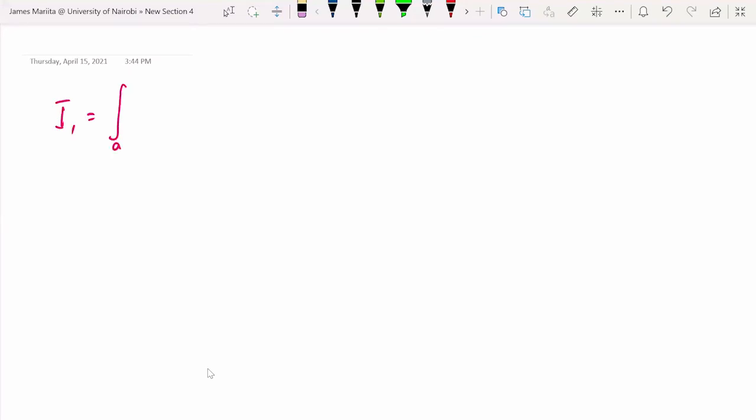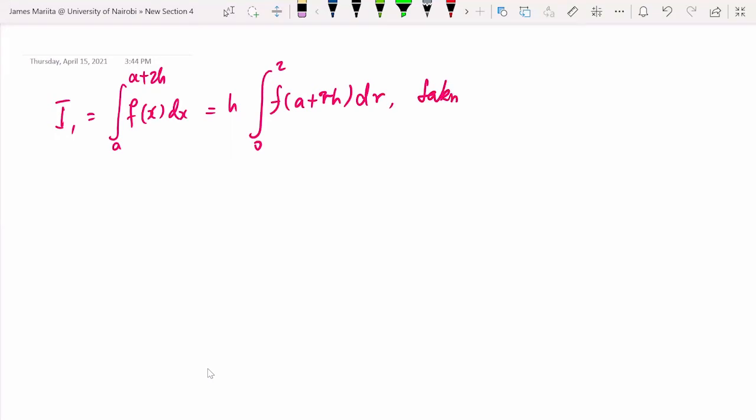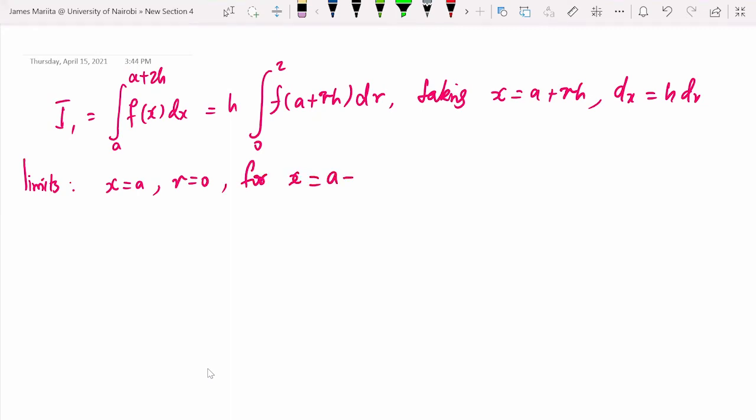This will be the integral from a to a plus 2h of f of x with respect to x, and this will be the integral from 0 to 2 of f of a plus rh dr. This is if we take x to be equal to a plus rh, so that dx is equal to h dr. And of course, the limits have to change accordingly: for x equals a, r will be equal to 0, and for x equals a plus 2h, r will be equal to 2. So the limits will be from 0 to 2.